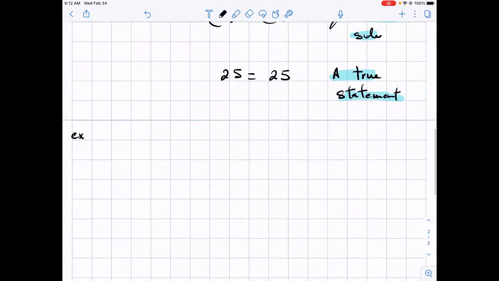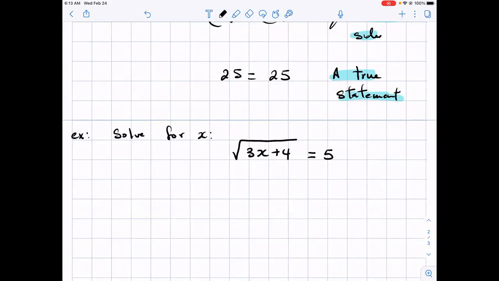Example, solve for x. I have the square root of 3x plus 4, and that is equal to 5. So what value of x would make this a true statement?